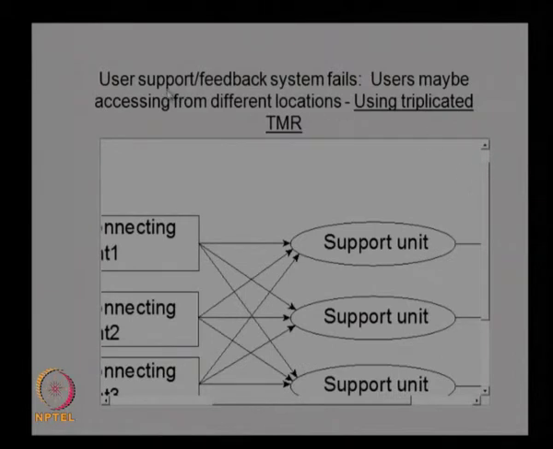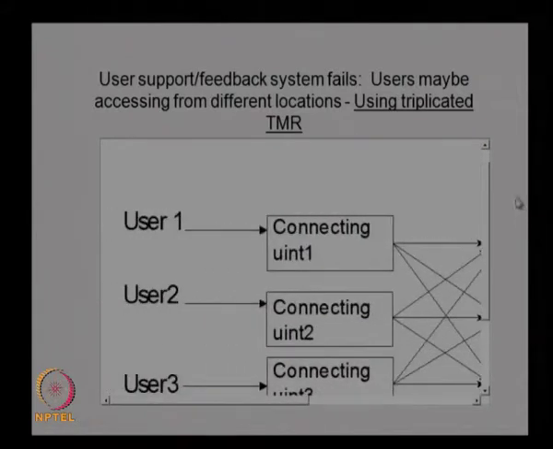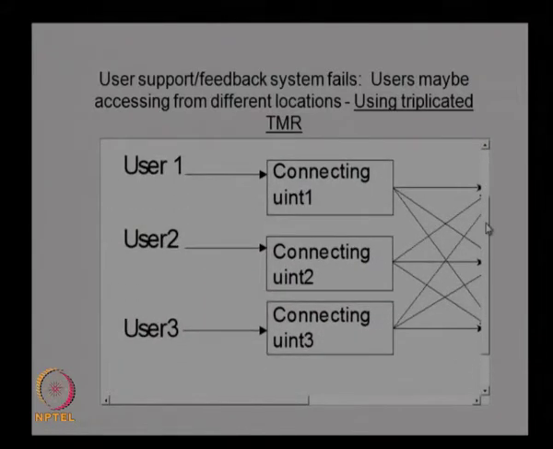And similarly, for when the support or feedback system fails, we can have a triplicated TMR kind of method over here. When the feedback system fails, we can have different ways of connecting the user input to the system. So, if one of the methods fails, another system will be available for connecting.